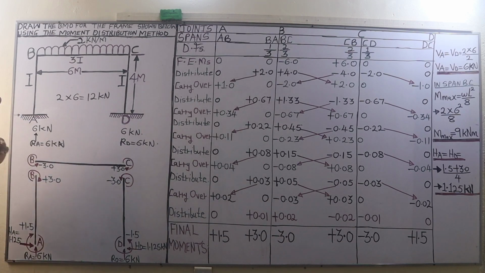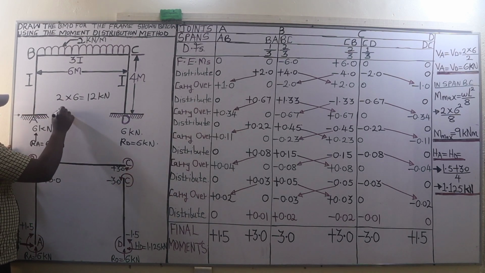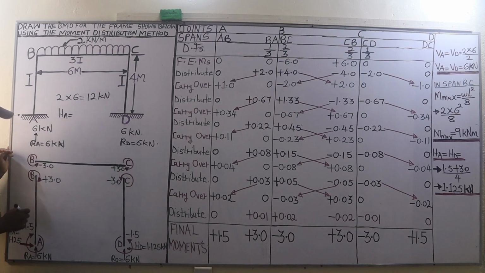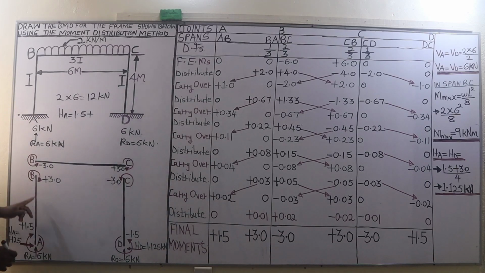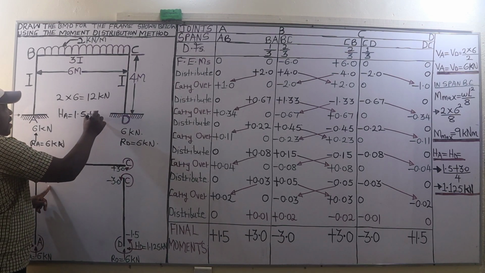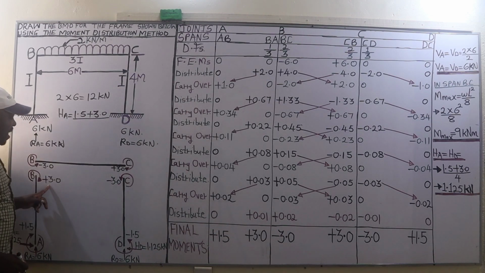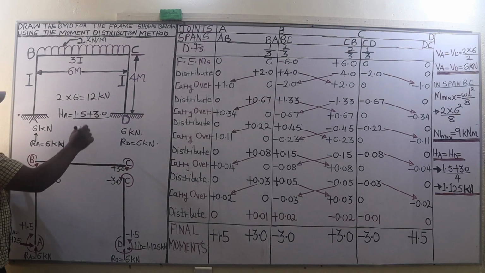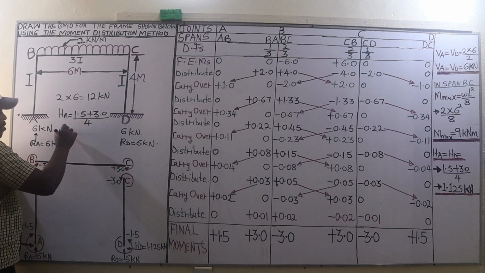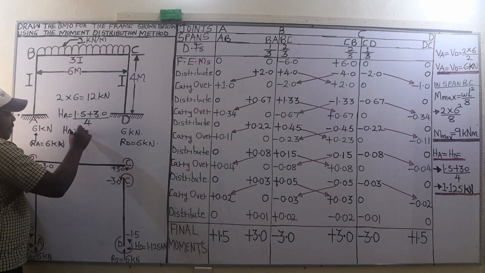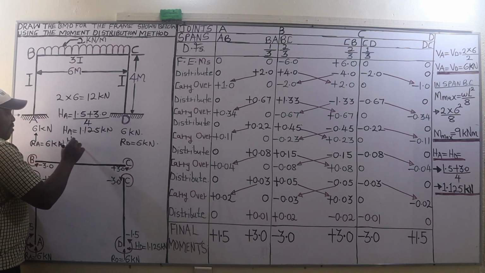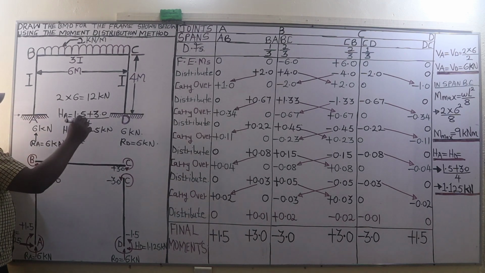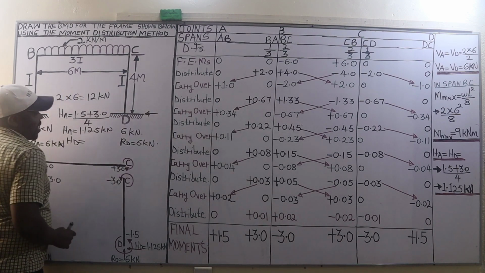Therefore, for us to get the horizontal reaction, for example, starting with the horizontal reaction at A, it will be given by the moment at A, which is 1.5, plus the moment at B, which is 3 kilonewton meter, divided by the span, that is A to B, which is 4 meters. And when we do so, we are going to get a horizontal reaction of 1.125 kilonewtons, which will also be equal to the horizontal reaction at D.